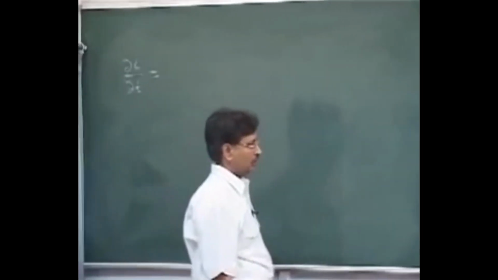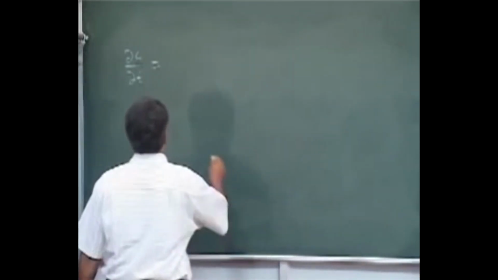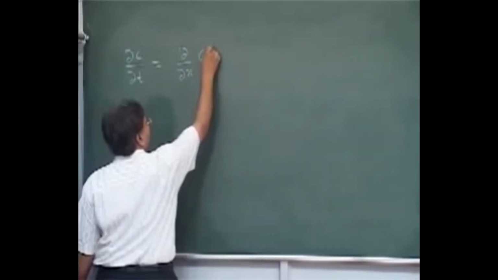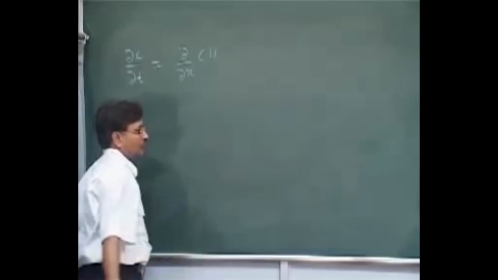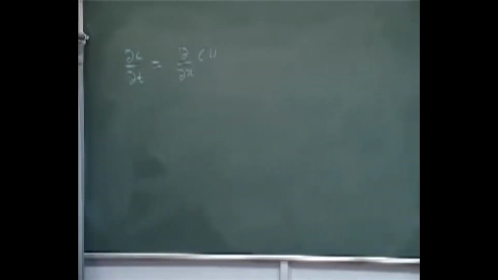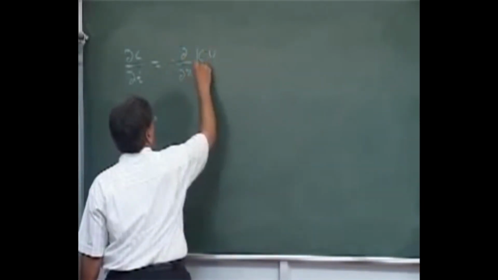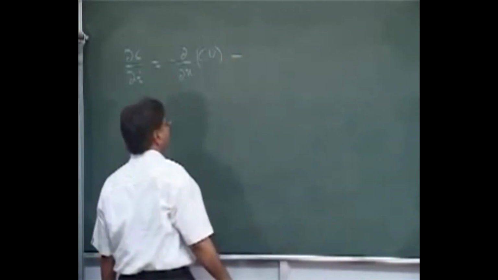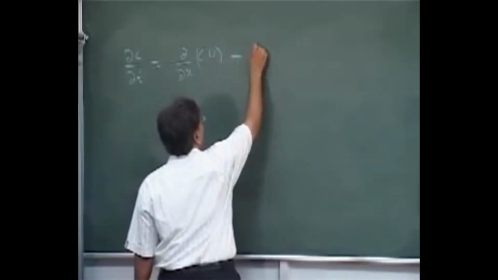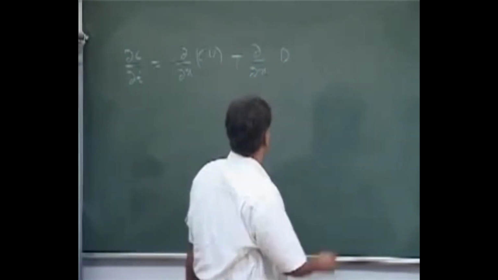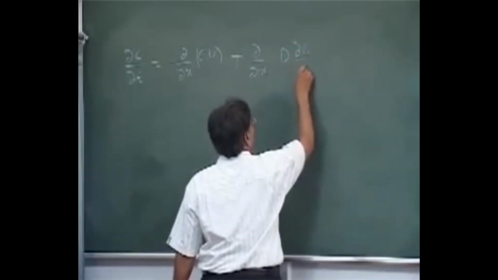So I have this minus this, so I am getting this as minus, that will be plus del x of D del c by del x.